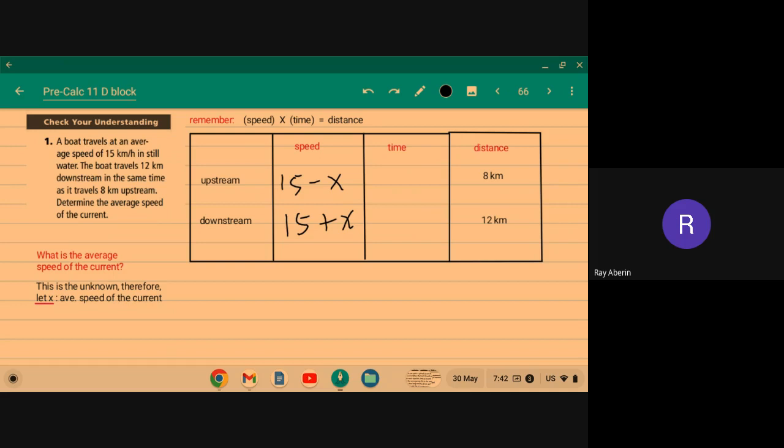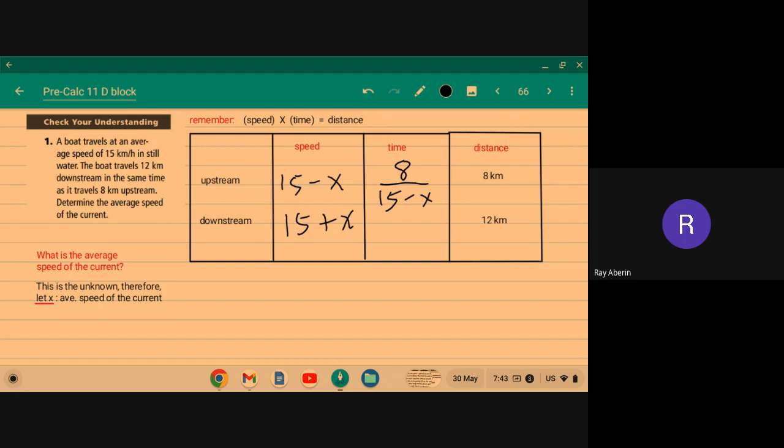So 8 over 15 minus x is the time it takes to cover the distance of 8 kilometers upstream.